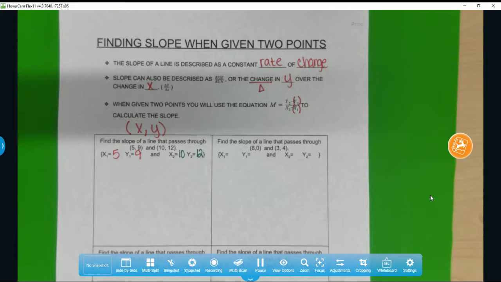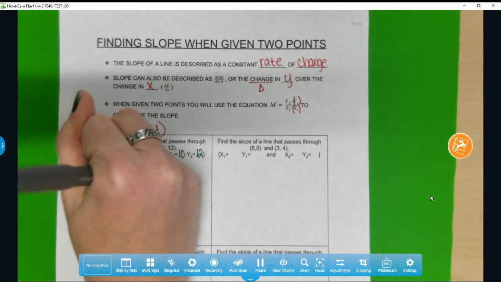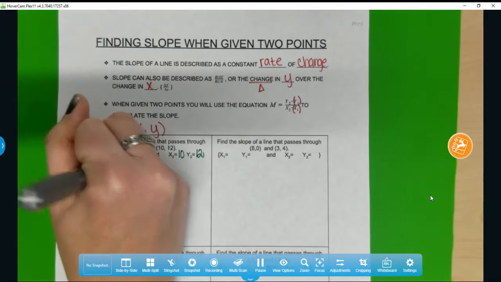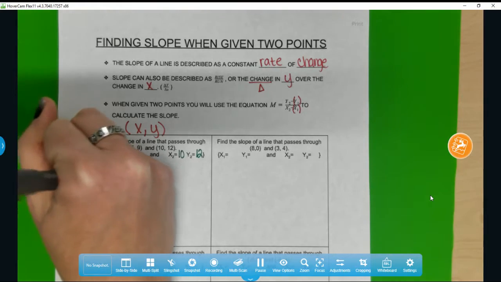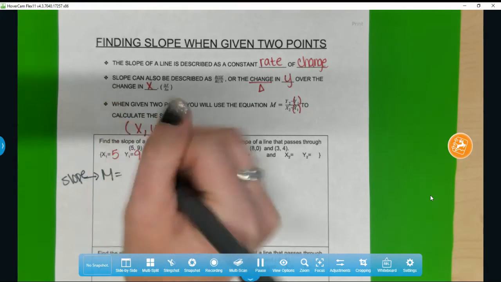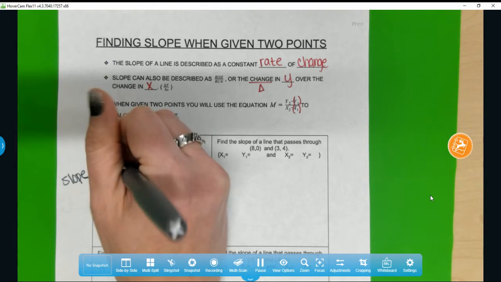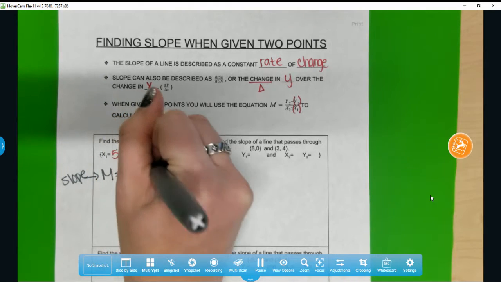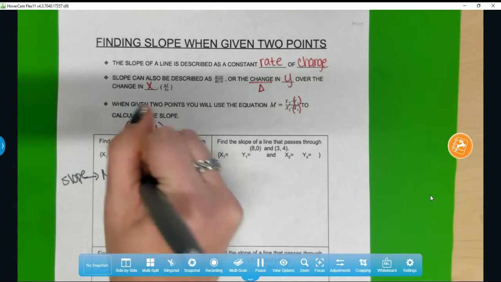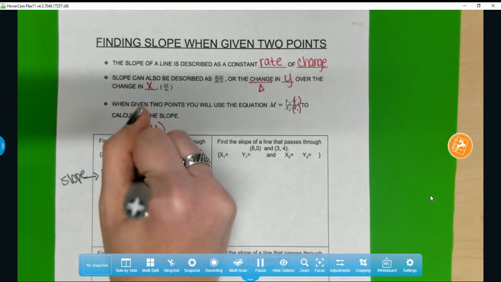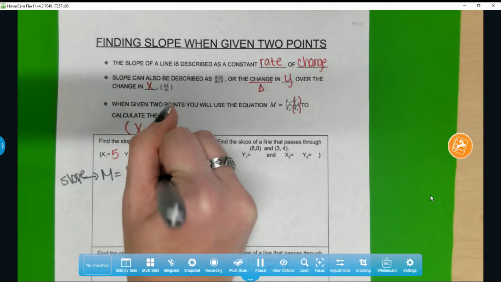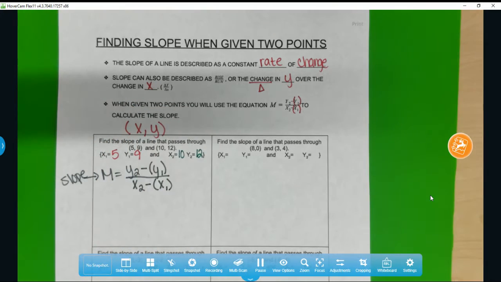equation of m, which just stands for slope, equals y2 minus y1 over x2 minus x1.